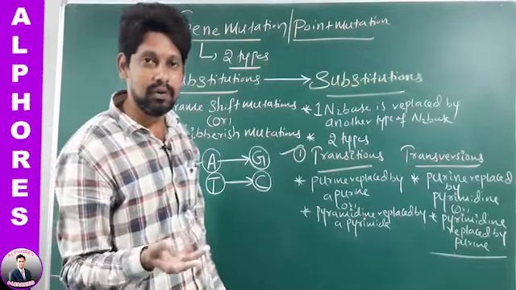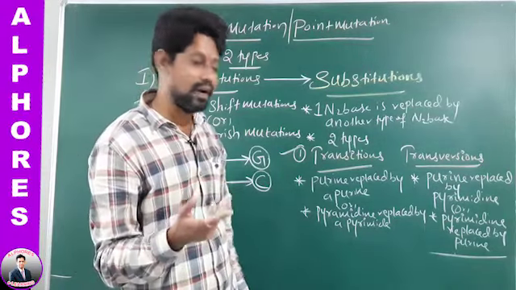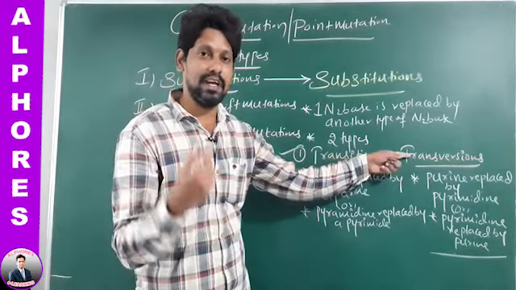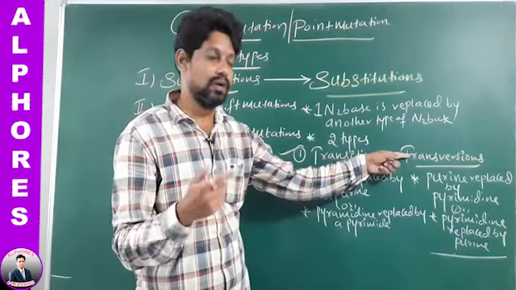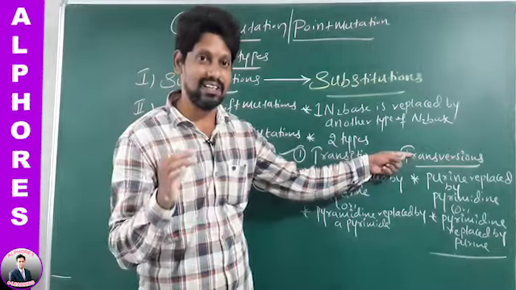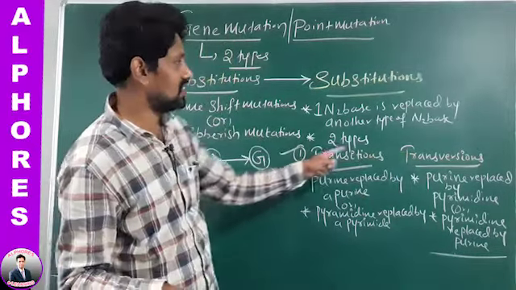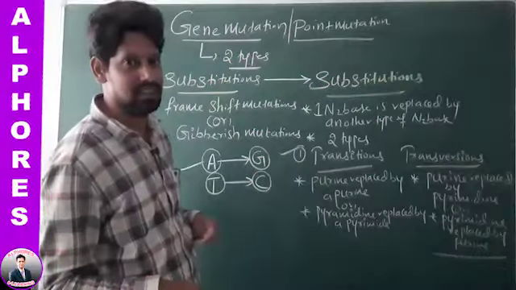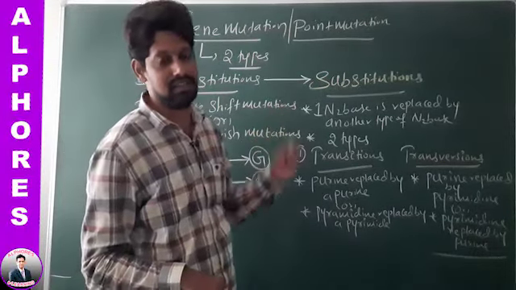Purine replaced by purine or pyrimidine replaced by pyrimidine is transitions. Purine replaced by pyrimidine or pyrimidine replaced by purine is transversions. These are the two types of substitutions.